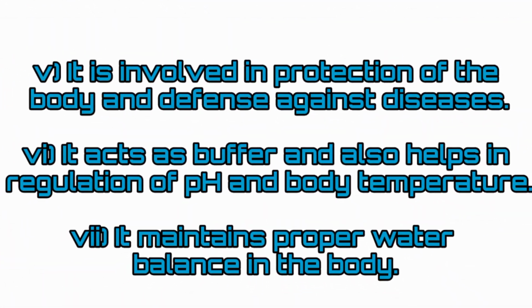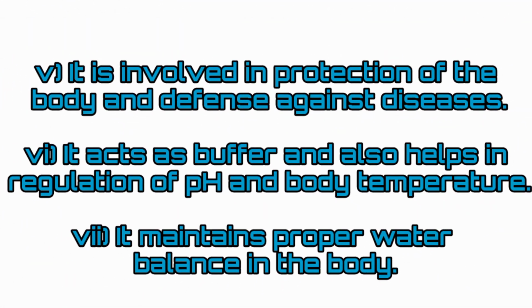It is involved in protection of the body and defense against diseases. It acts as a buffer and also helps in regulation of pH and body temperature. It maintains proper water balance in the body.